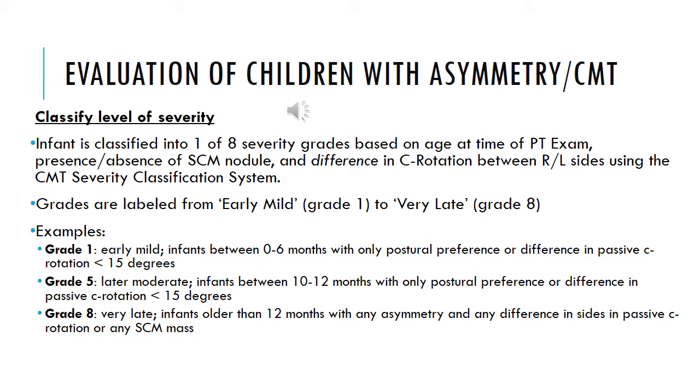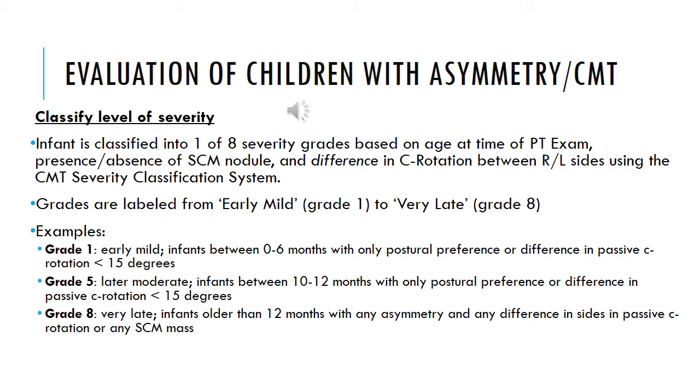So if you look down below, you can see that grade 1 is a very mild form. The child's quite young, between 0 and 6 months of age, and all they have is postural preference, so they prefer one side, or they do have perhaps some slight range of motion restrictions, but nothing greater than 15 degrees for passive cervical rotation.